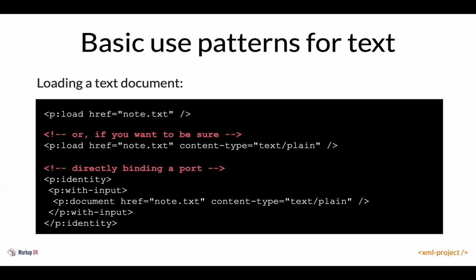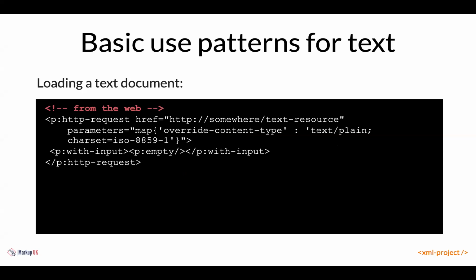Of course, you can also load documents from an HTTP request. Here's a more complex one. I have the URI in the href with the URI to the text resource, and then there's this parameter map on the HTTP request, which allows you to say override content type, which means whatever the processor sends back in the content type header is thrown away and text/plain is used.